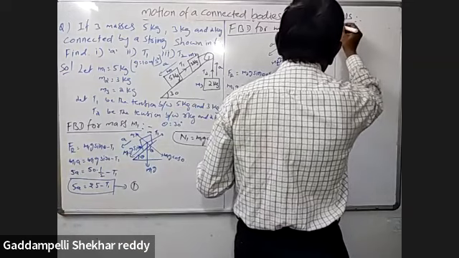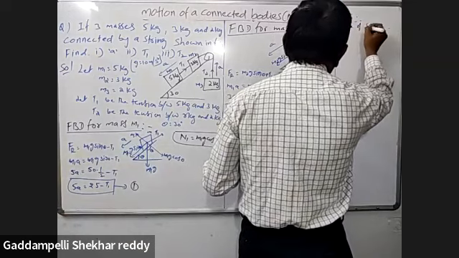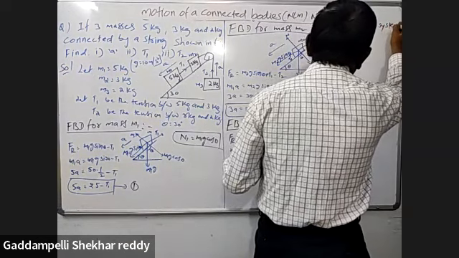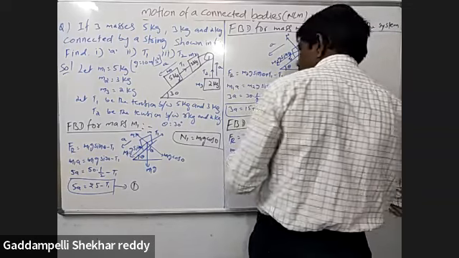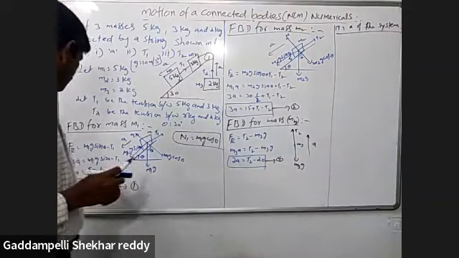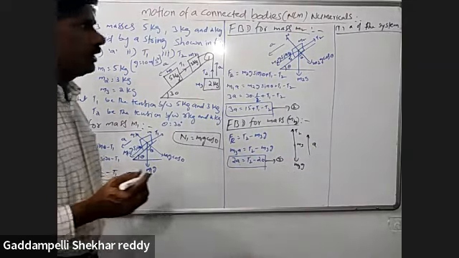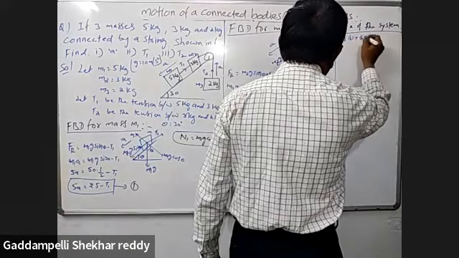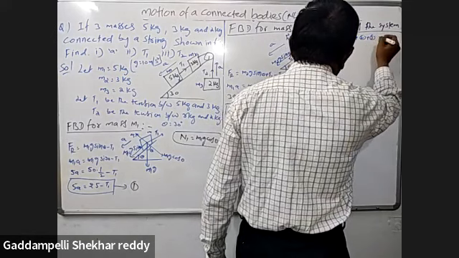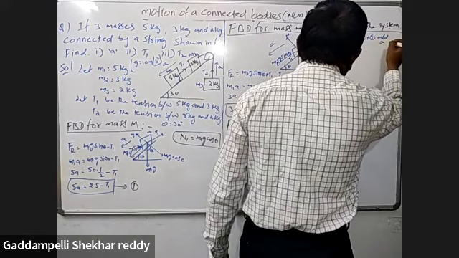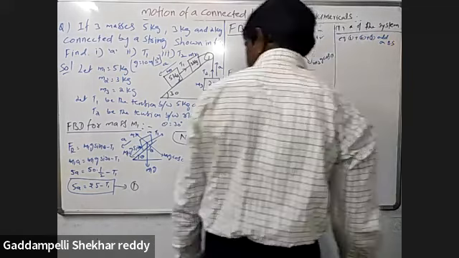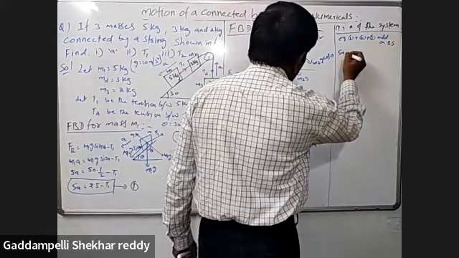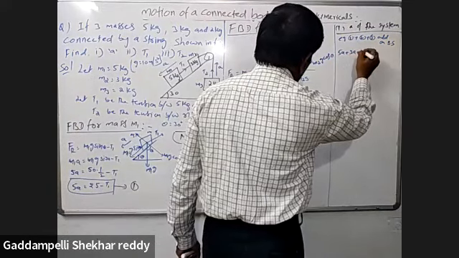First question, A of the system. For acceleration, equation 1 plus equation 2 plus equation 3, adding on both sides. On the right side, first equation 5A, second equation 3A, third equation 2A.